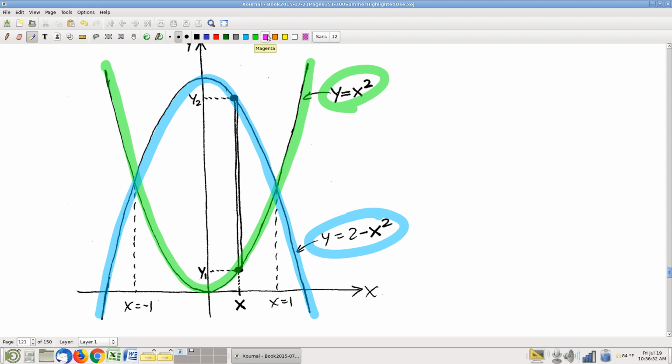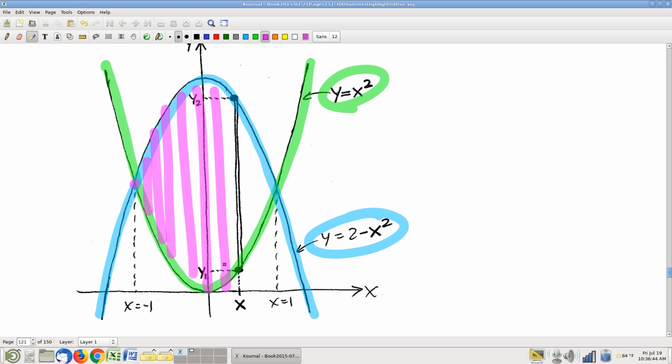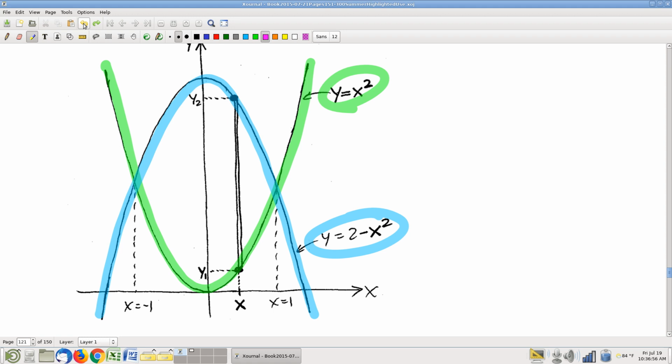I'm going to make a certain choice for reasons that we'll talk about later, but I'm going to do my x slicing first. My x slices look like that. Okay. You can see here that my x slices start at where these two curves intersect.